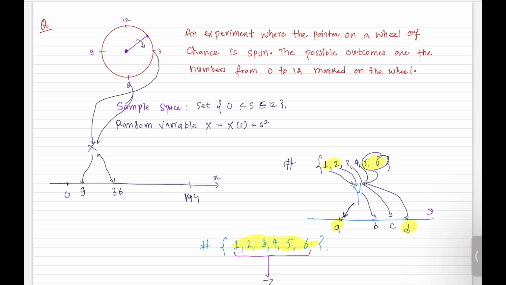It means that if we say this 1 is getting mapped to this a, and again we say this 1 is getting mapped to this b, this cannot happen. An outcome of an experiment cannot be multi-valued. We cannot map this one outcome to different values.